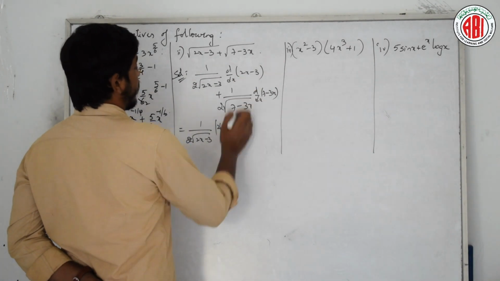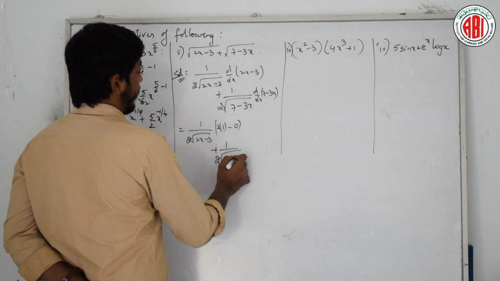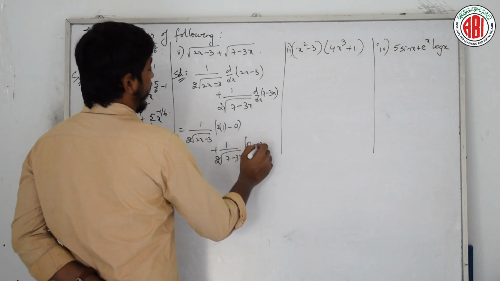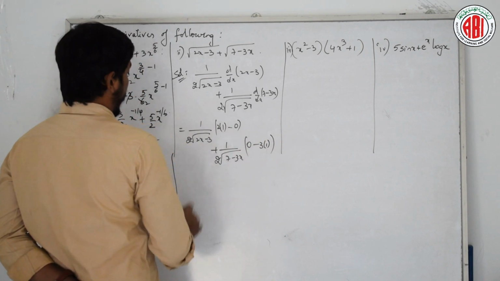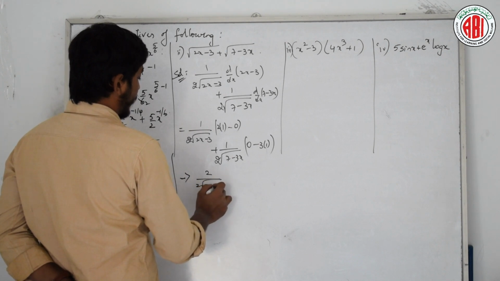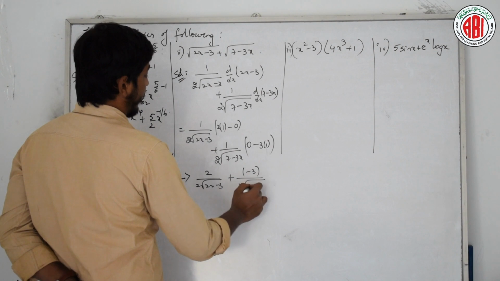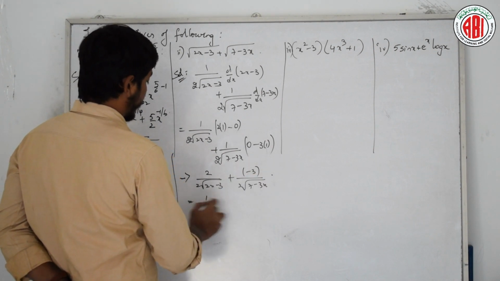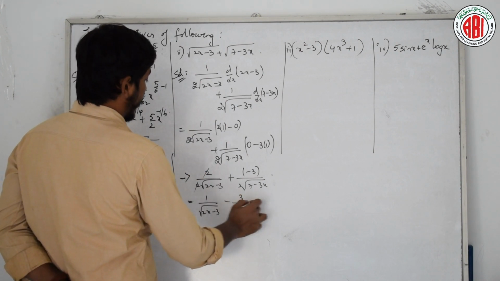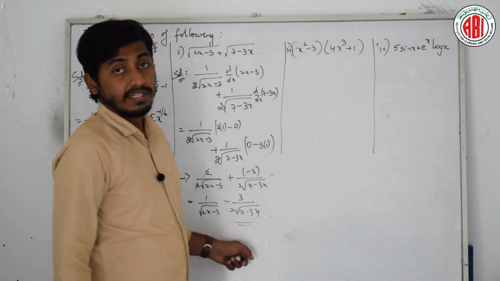Minus differentiation of 3 is 0, plus 1 by 2 root 7 minus 3x into differentiation of 7 is 0, minus 3 into differentiation of x is 1. So 2 into 1 is 2 by 2 root 2x minus 3, plus minus 3 by 2 root 7 minus 3x. Therefore, this becomes 1 by root 2x minus 3, where the 2 gets cancelled, minus 3 by 2 under root 7 minus 3x. Is it not easy to solve?